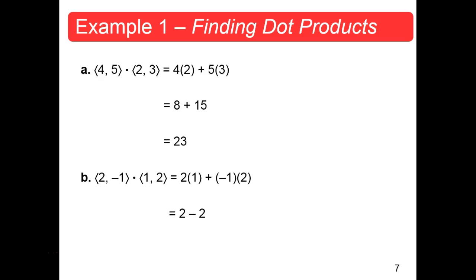We aren't quite prepared to say what it means yet, but let me suggest it to you. Let's visualize 2, negative 1. That would be 2 on the horizontal axis, down 1. Okay, there's that vector. See it? Okay, let's do 1, 2. 1 and up 2.